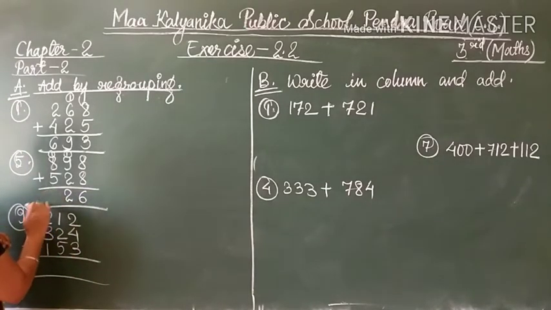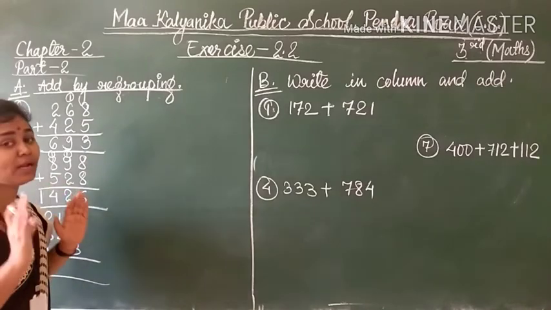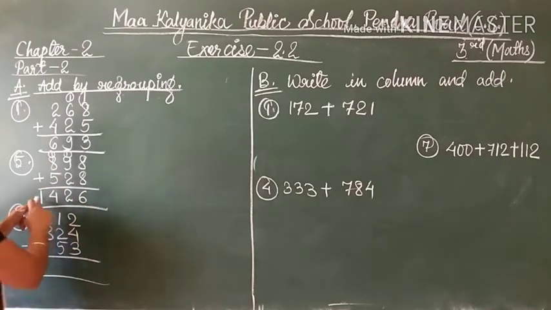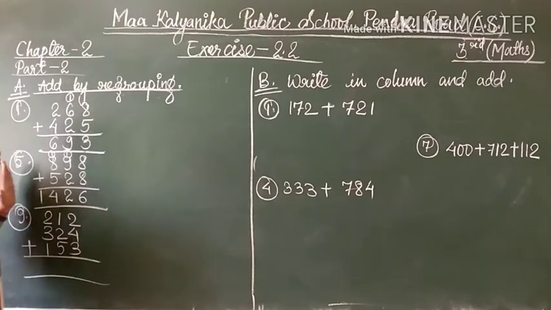No, it is wrong. 1 here and 4 here. Why are we not writing 1 close to it? Because it will move to the next place, and in the next place no number is there. So simply you have to write it by putting a space in between so that it is clear to you also. Okay. So 1426 is your answer for question number 5.